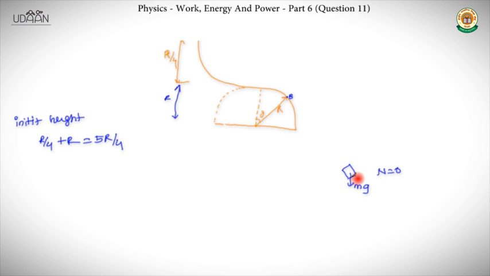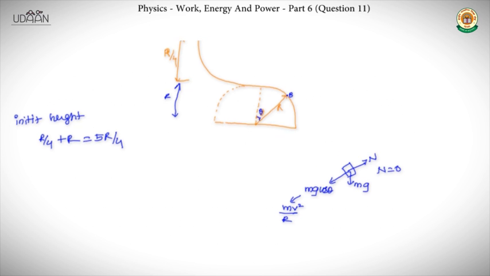As we consider this angle as theta, the component this side will be equal to mg cos theta, and the normal reaction will be acting perpendicular to the surface, that is N. As this is a hemisphere, this will be circular motion, and if we consider the velocity of the person at point B as v, the centripetal force will be equal to mv square by r.